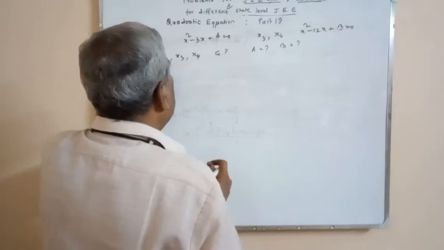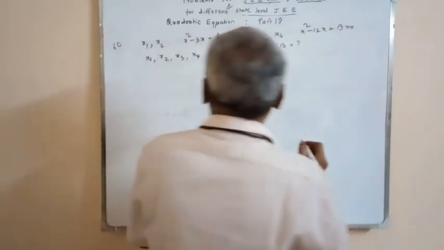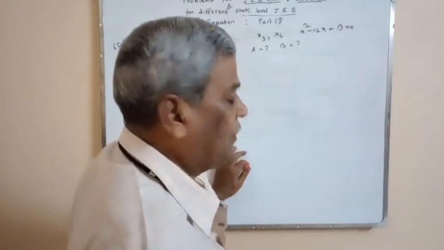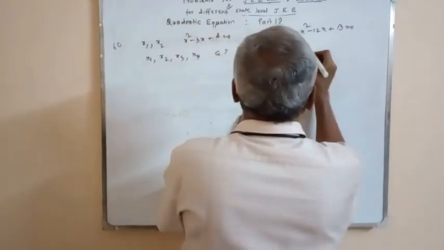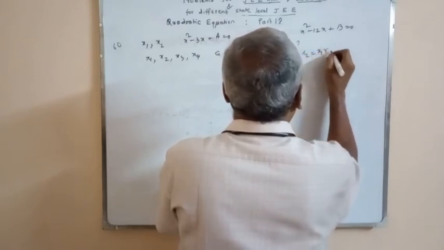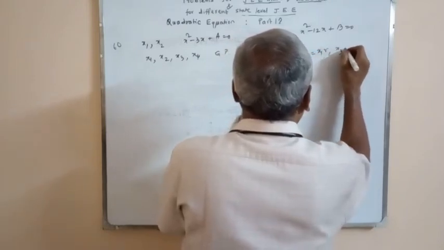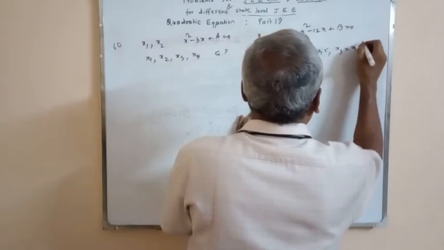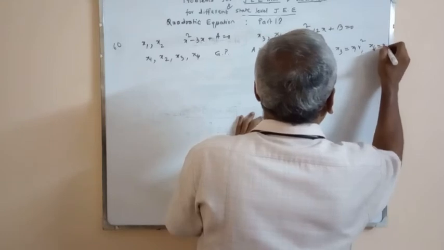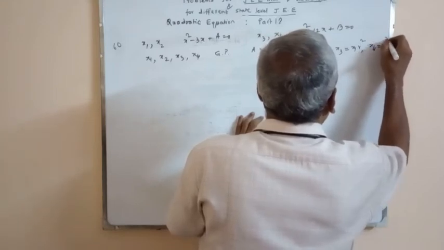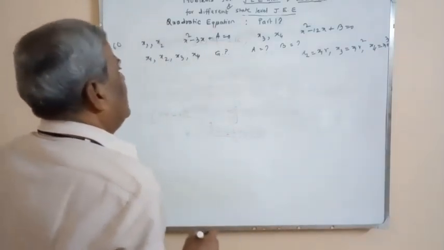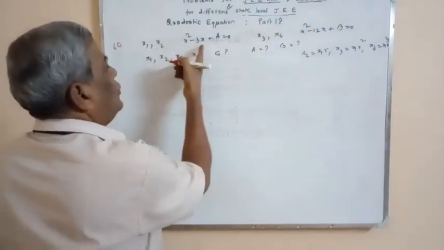Now, x1, x2, x3, x4 are in GP. We can take that r is the common ratio. Therefore, x2 is equal to x1 r, x3 is equal to x1 r square, and x4 is equal to x1 r cube, and they are roots of that.